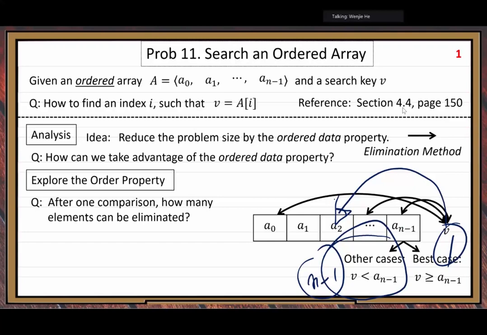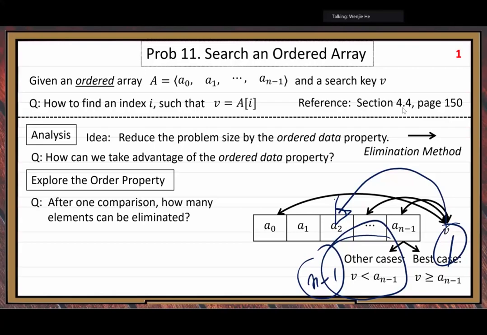Look at the sizes of the two subarrays. When you make your first comparison, basically you split your array into two subarrays. Then you look at the sizes of these two subarrays, one slightly larger, the other slightly smaller. You want to target the larger subarray, and you want to make the size of the larger subarray as small as possible.